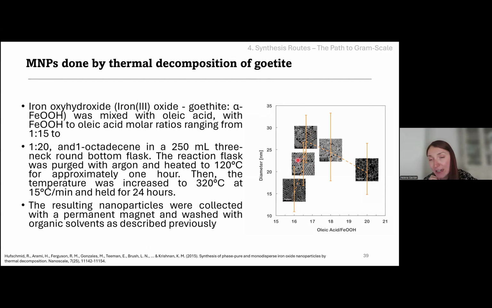I couldn't find any examples of cubic nanoparticles employing goethite as a starting metal precursor. But it's very interesting because this precursor is very stable, easy to get, cheap. So it's very interesting that we can employ it in a thermal decomposition to get faceted nanoparticles.